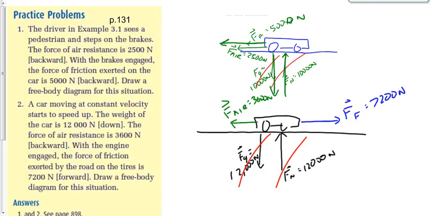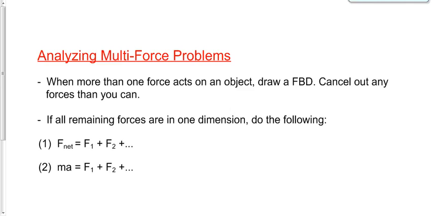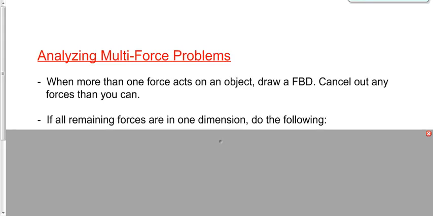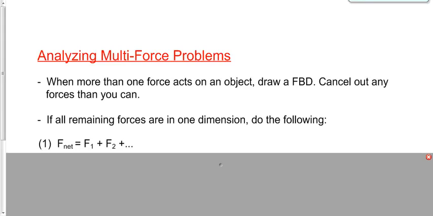All right, so what do we do with this? What do we do with these free body diagrams after we've got them drawn? Well, you guys know that when you have a problem involving more than one object or more than one force, you've got to draw a free body diagram and cross off anything that you can cross off. And then with what you have left, I want you to set F net equal to all of the forces that are acting.